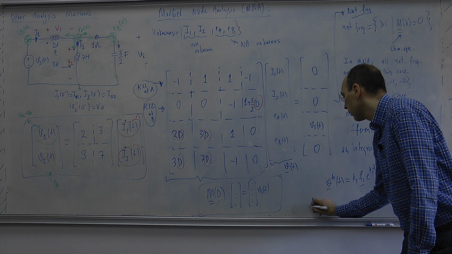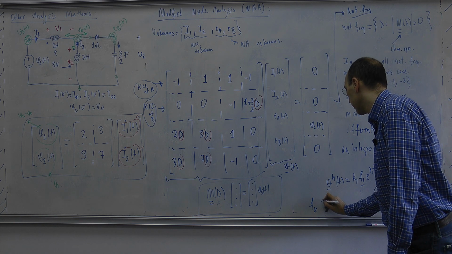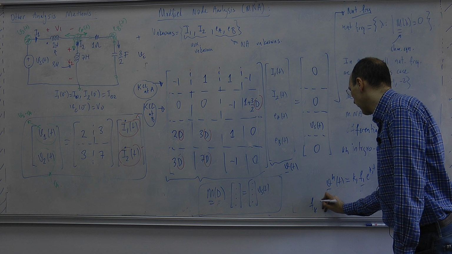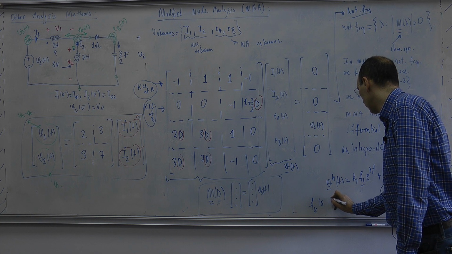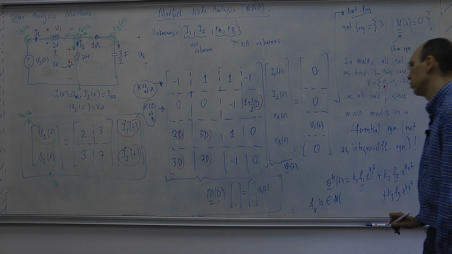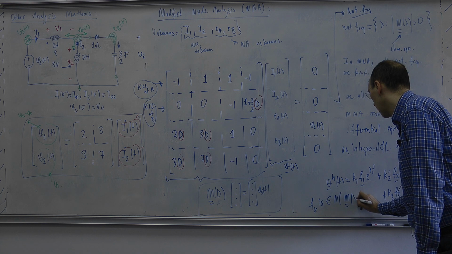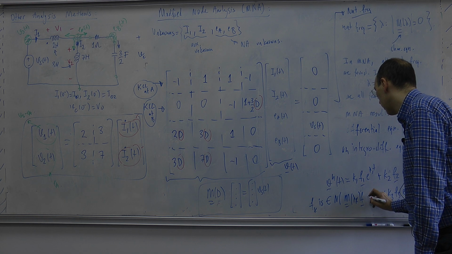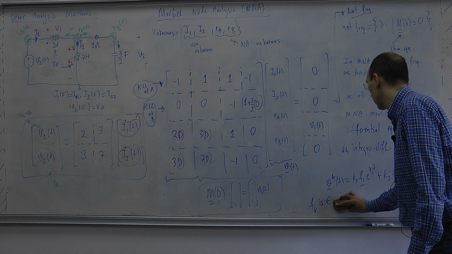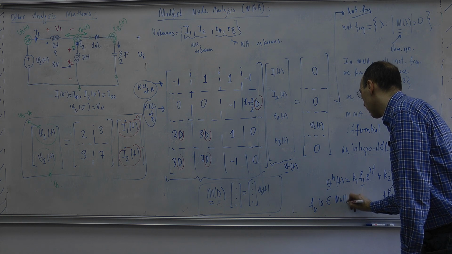And what are these f? Fk is an element of, let's use somewhat more mathematics, the null space of M lambda k.